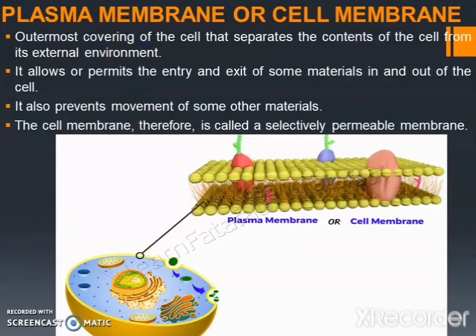The outermost covering of the cell that separates the content of the cell from its external environment is the plasma membrane. This outermost surface is the plasma membrane.